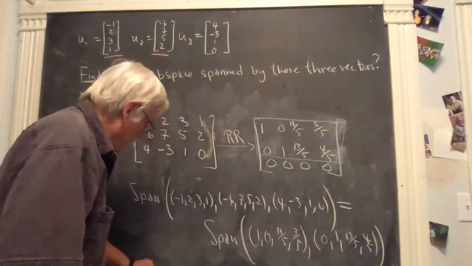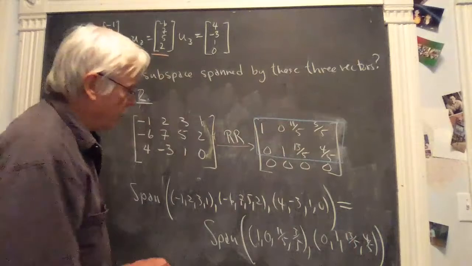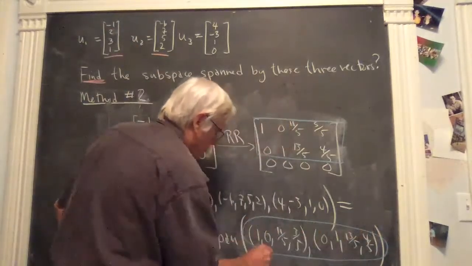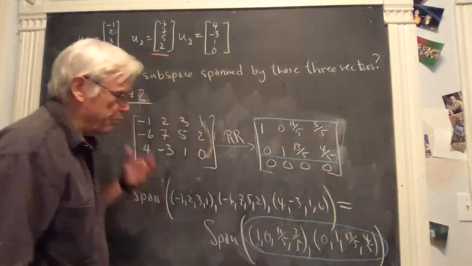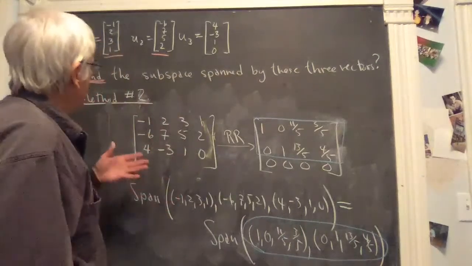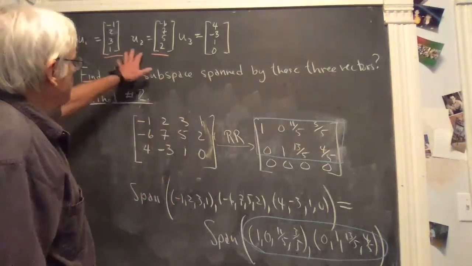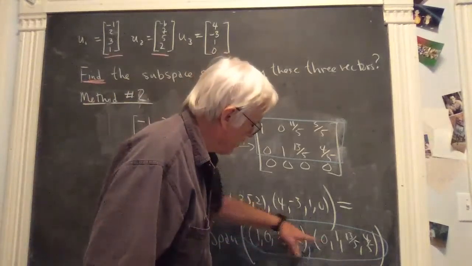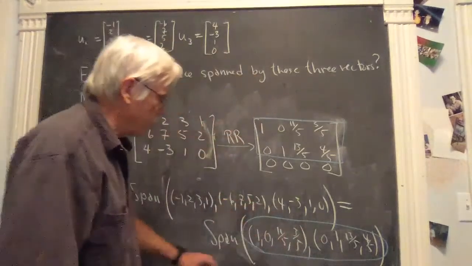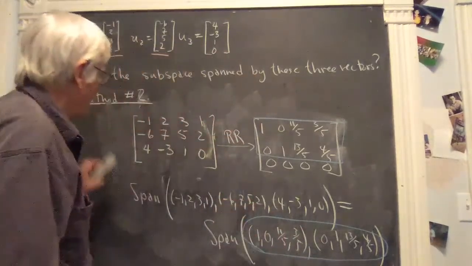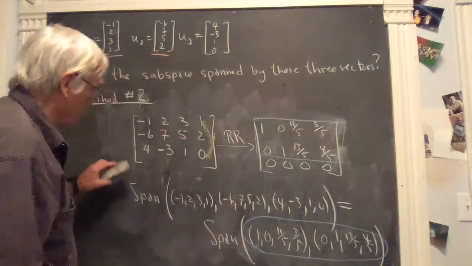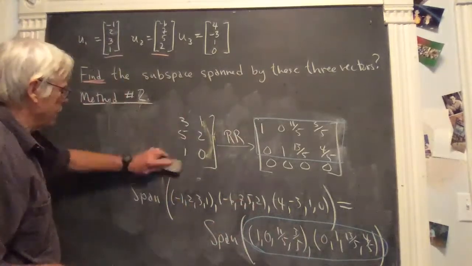And so the 2 vectors that remain, the 2 vectors I put in blue, these 2 vectors also are a basis for the subspace spanned by these 3. It is a plane, and it's spanned by just these 2, and the dimension of it is 2. So I'm going to erase this except for this that I need to write on and write the conclusion.